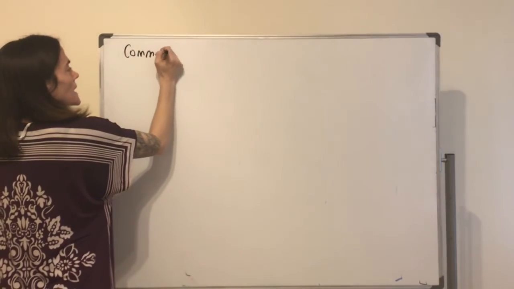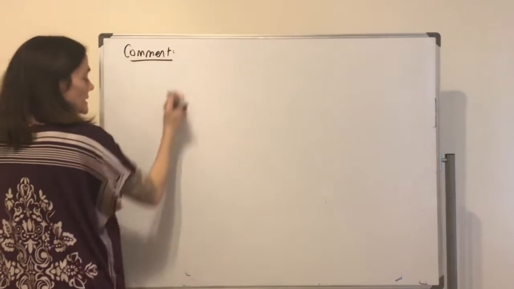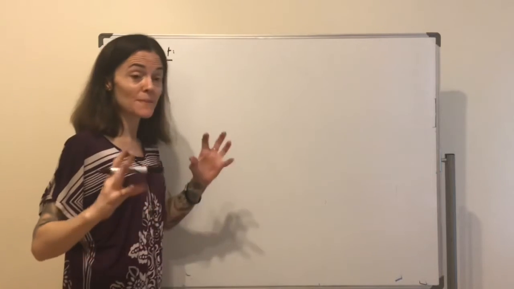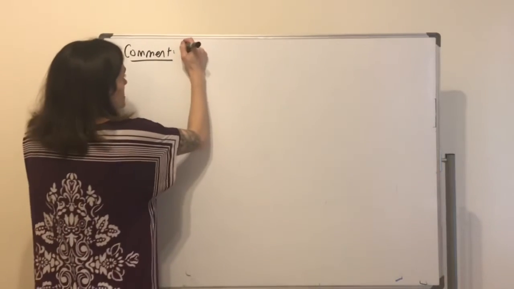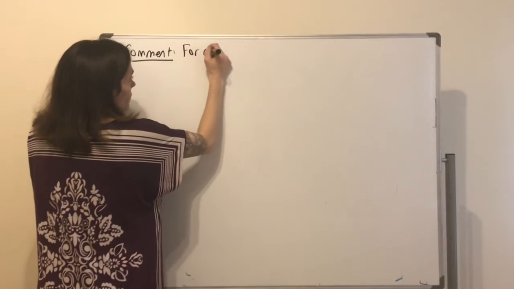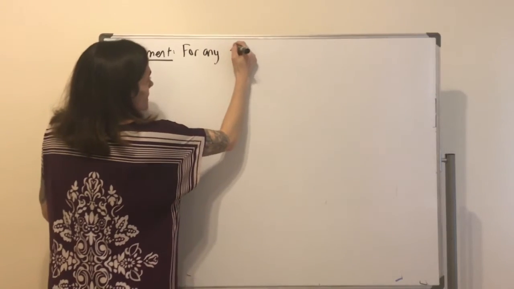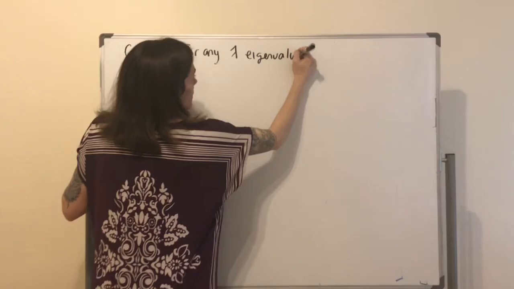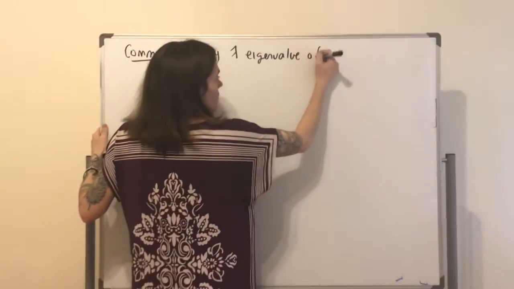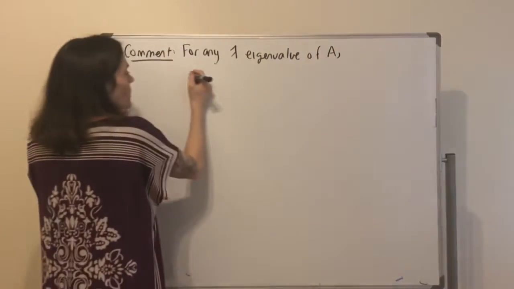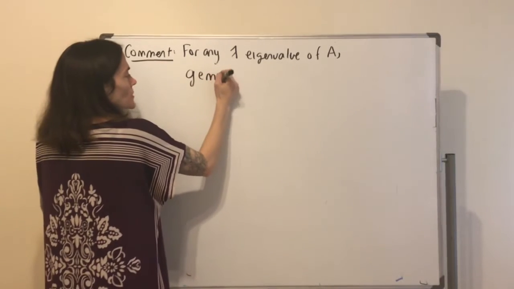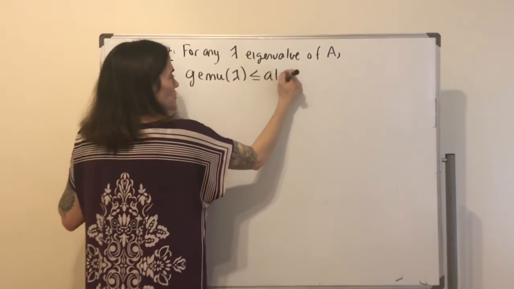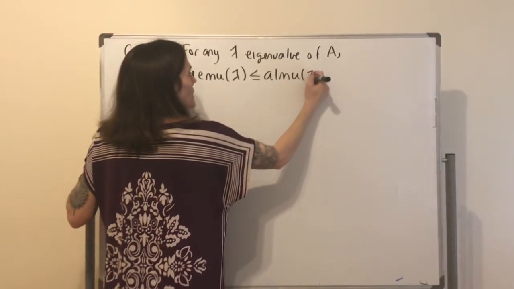A comment I will make after this example, and also the theorem that we talked about geometric multiplicities: for any eigenvalue lambda of A, it's always the case that the geometric multiplicity of lambda is less than or equal to the algebraic multiplicity of lambda.